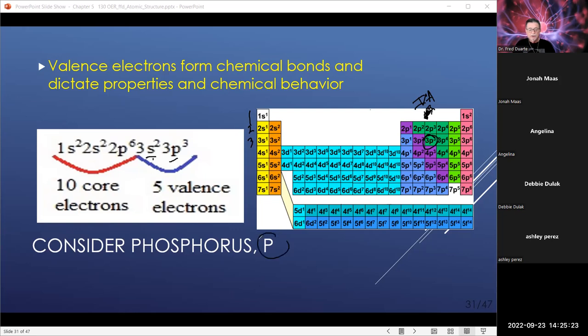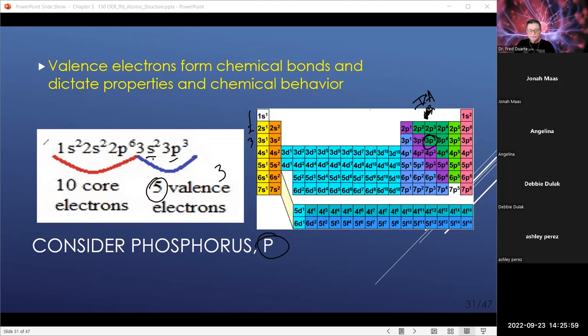Now, the big takeaway here is this. Phosphorus is a nonmetal, and therefore phosphorus will gain electrons, okay? The p orbital has room for 3 more electrons. There are 5 valence electrons, so from an energy perspective, it needs 3 more to become stable, which would be the optimum thing to do. And that's what happens when phosphorus gains electrons.